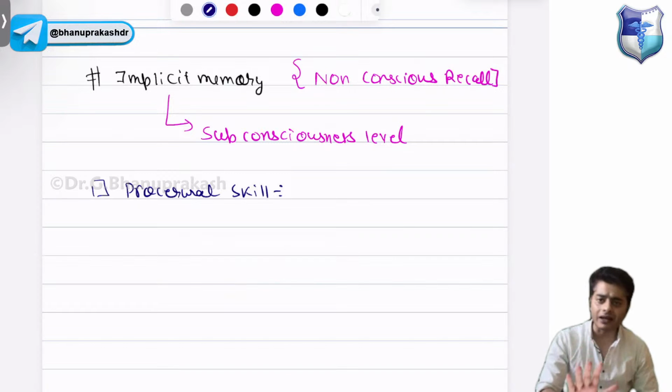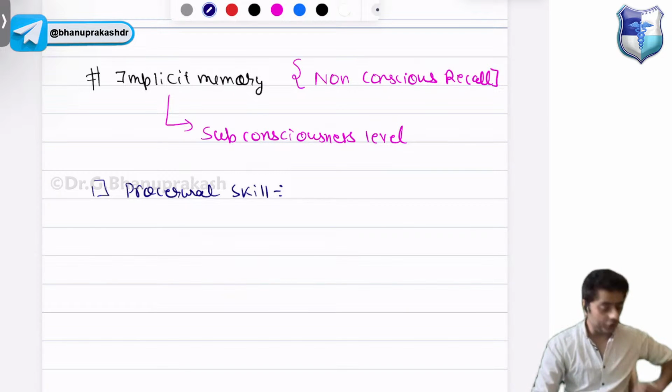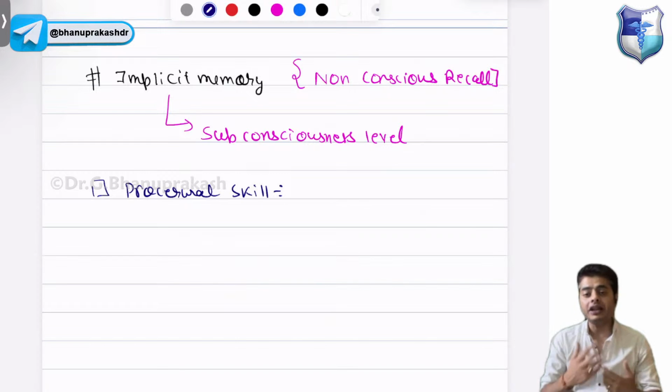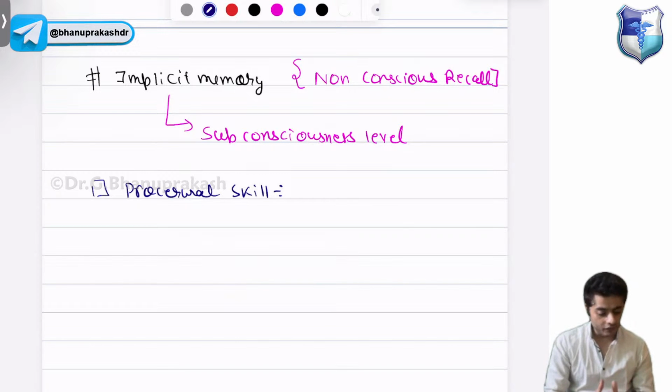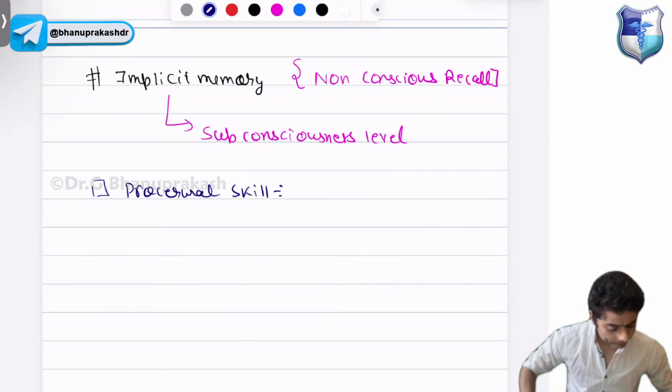I am able to press the clutch and brake, all things together, and still I am talking. So it means putting gear and pressing the clutch is now at my subconscious level. I don't have to think. That is procedural skill. Driving, walking, swimming fit in your subconscious mind.